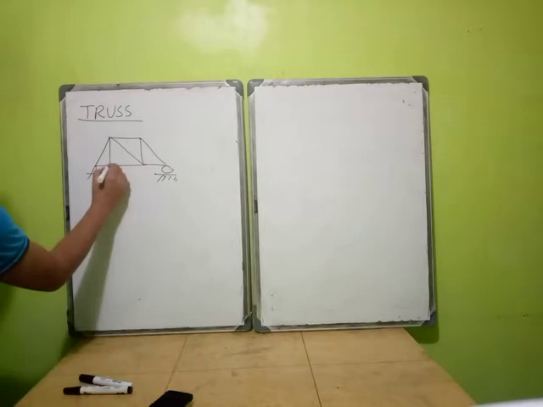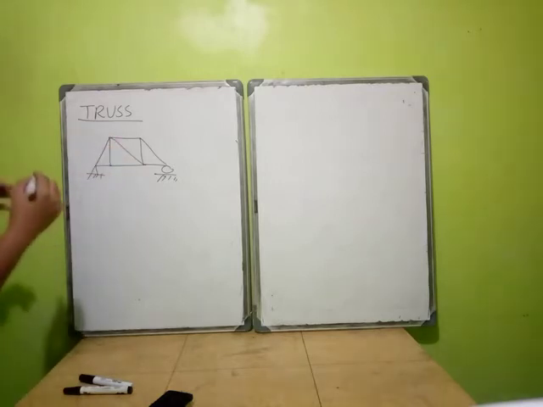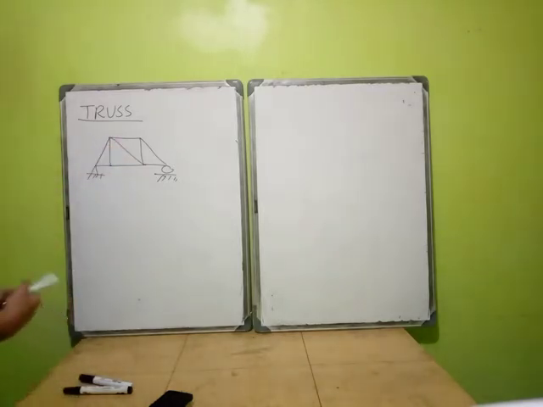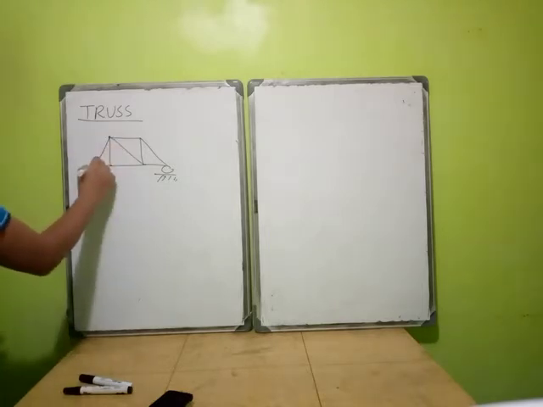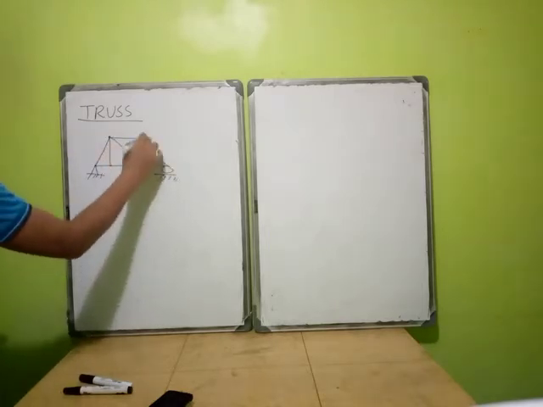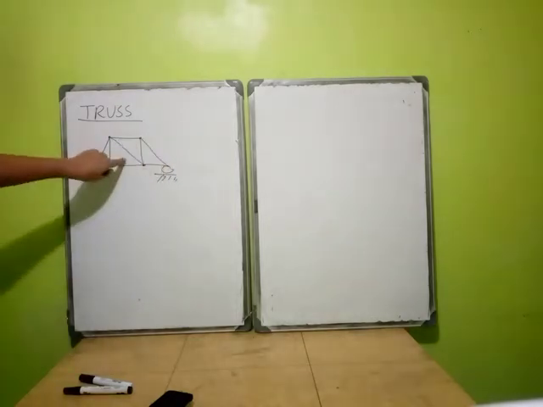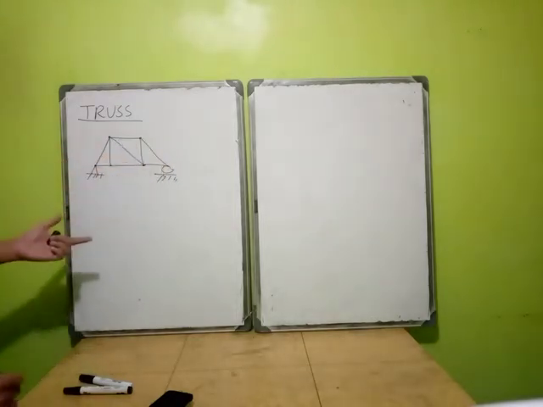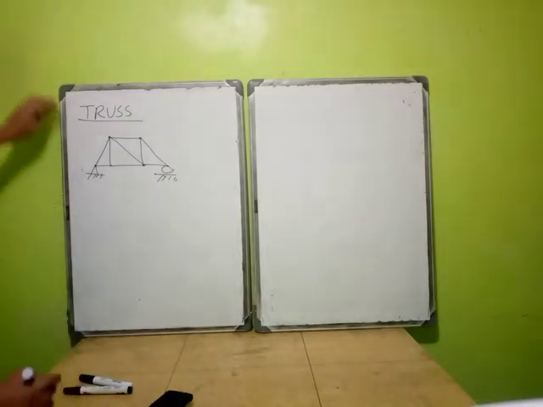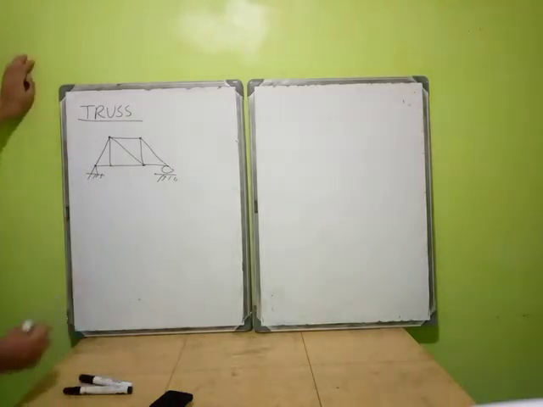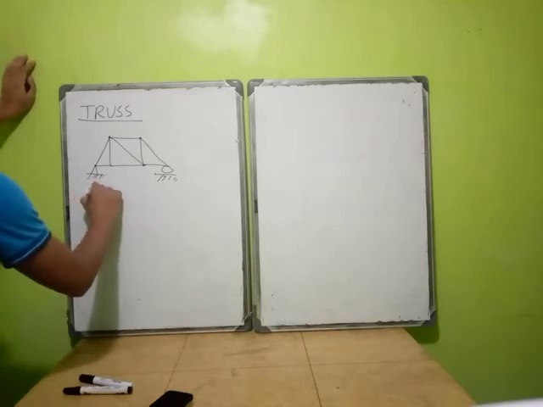So, ibig sabihin is, it is generally assumed that in a truss, yung mga members niya is slender. So, the only reaction or the only force that is acting on the truss is axial.